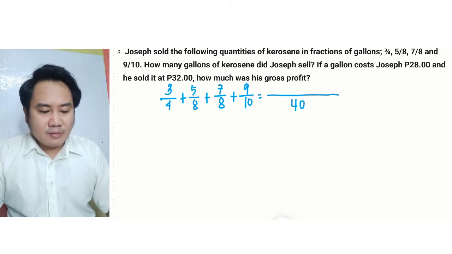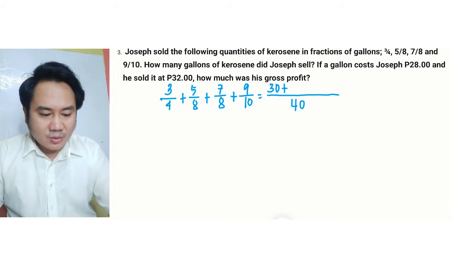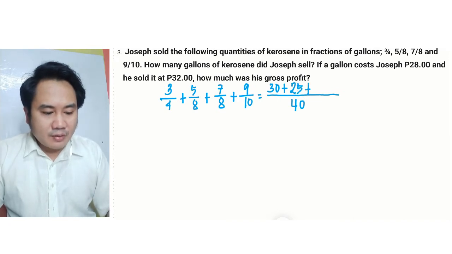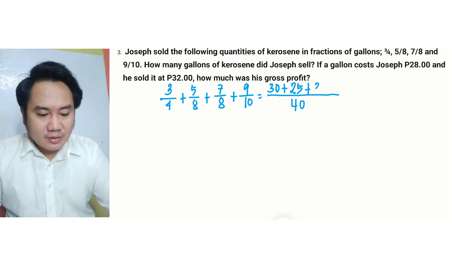So, 40 divided by 4 is 10, times 3 is 30, plus 40 divided by 8 is 5, times 5, 25. 40 divided by 8 is 5, times 7 is 35.